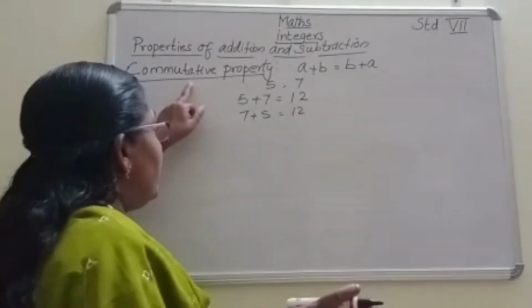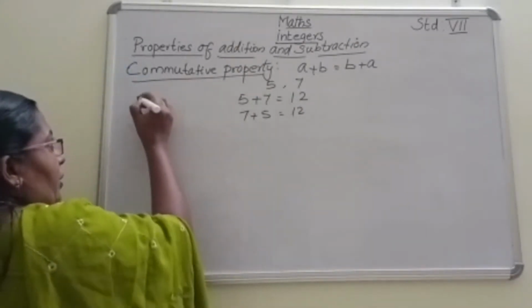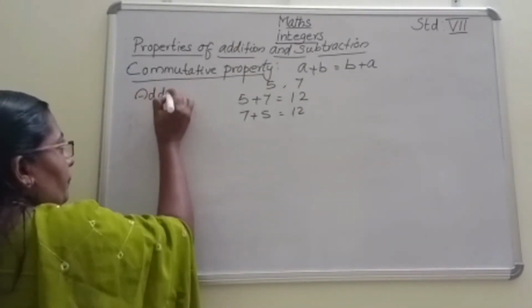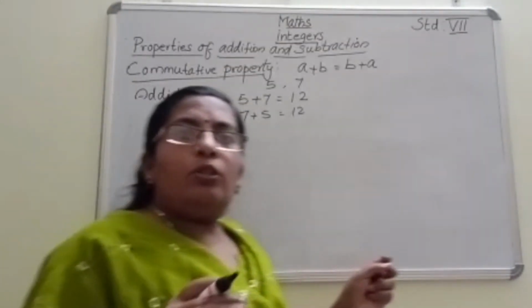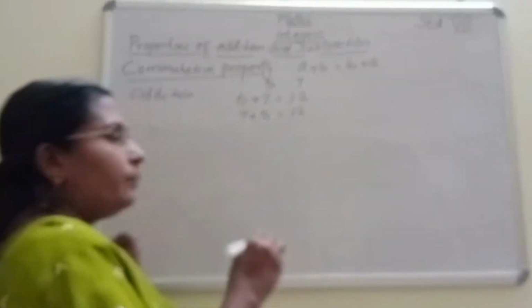Therefore addition is commutative. Then we go to subtraction.